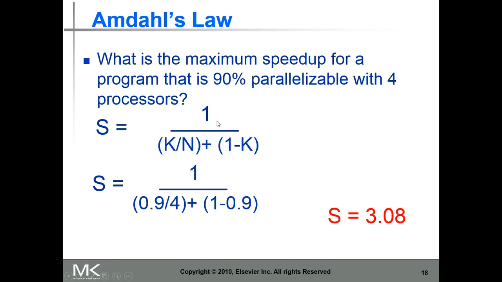I'm just going to plug into the formula from the previous page. It's 1 over K over N plus 1 minus K. K is 0.9 in this example. N is 4 in this example. So it's 1 over 0.9 divided by 4 plus 1 minus 0.9. And this reduces to 1 over 0.325, which is 3.08.